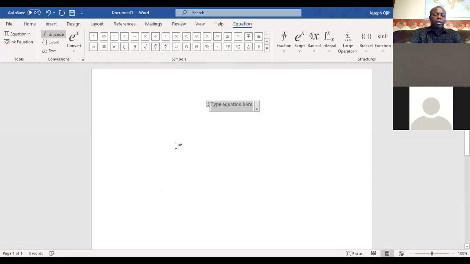So the mean for the binomial, the mean mu, which is the Greek symbol we use to represent it, equals n times p.